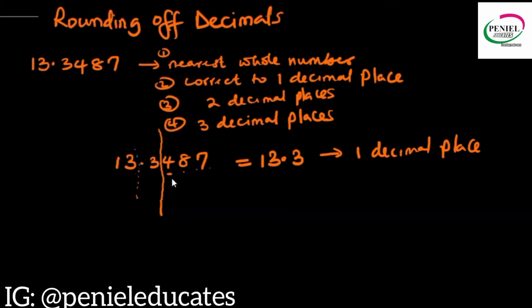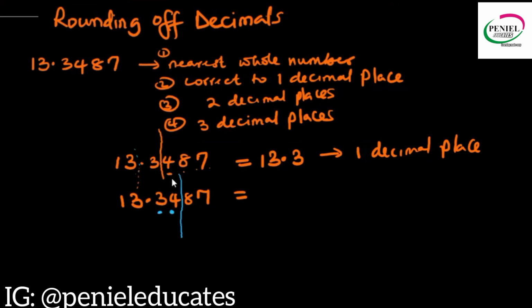Let us look at two decimal places. Let's convert to two decimal places. I have 13.3487. So let's convert to two decimal places. That's the two decimal places, and I'm going to draw a line here. Like I said, whenever you are converting, look only at the number that is here.